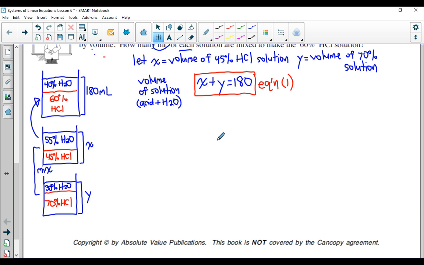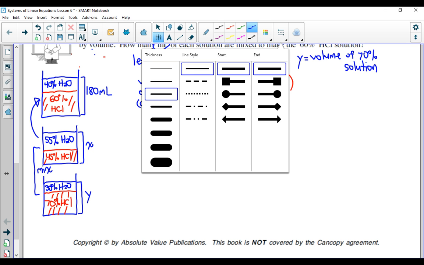Okay, now we need another equation. The other equation I'm going to write is going to be based on the amount of acid in each of these beakers here, as opposed to how much total solution there is. So the first thing I'm going to do is figure out how much acid is in each one of these beakers, and we're going to write an equation based on the amount of acid.